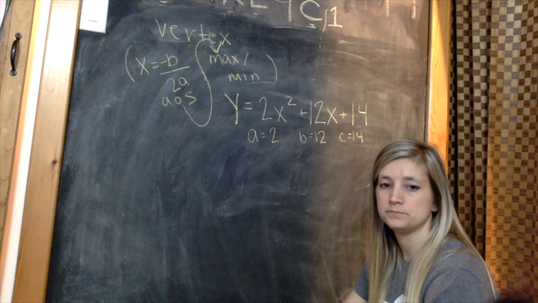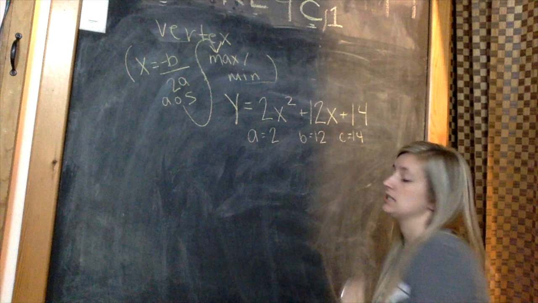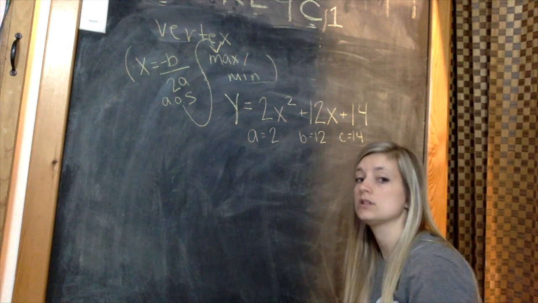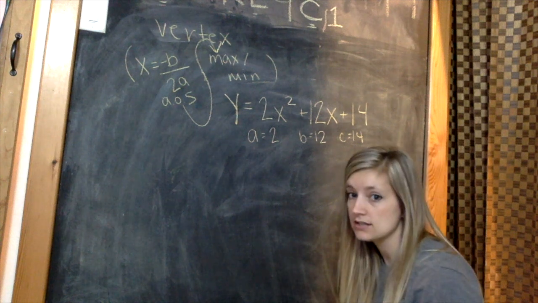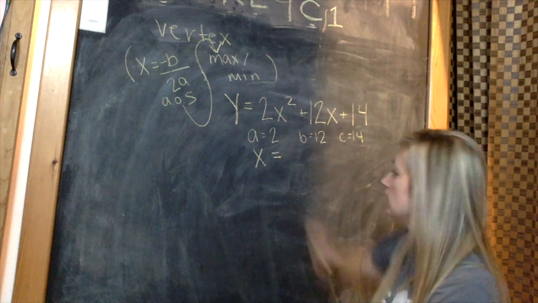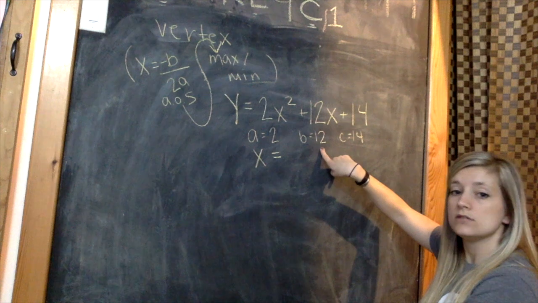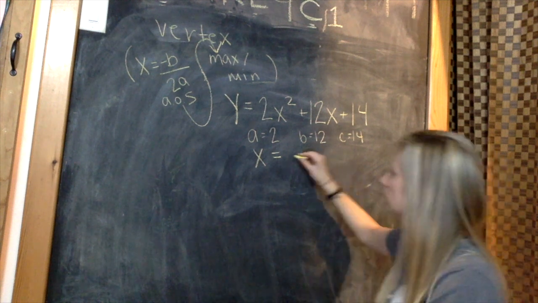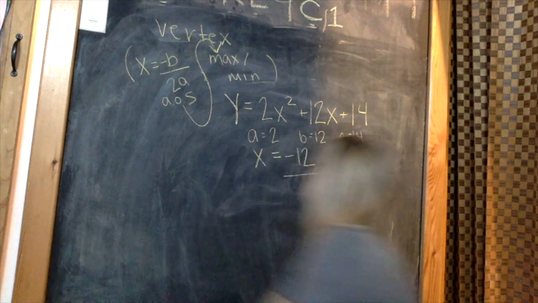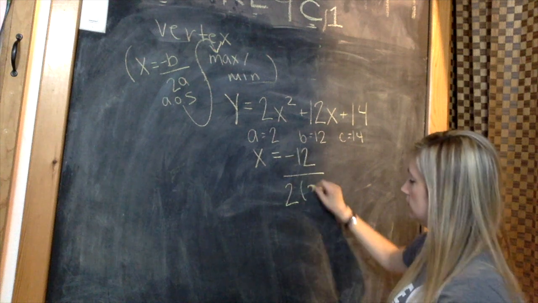So if A is 2, B is 12, and C is 14, in order to find our max or min point, in order to find our vertex, we have to find our axis of symmetry first. So x equals opposite B divided by 2a. Opposite B, 12, so what's opposite? Negative 12, divided by 2 times 2.